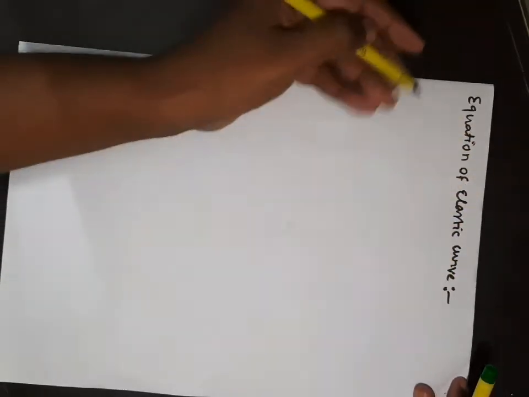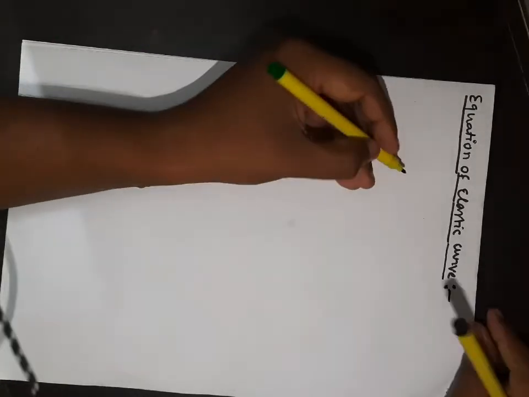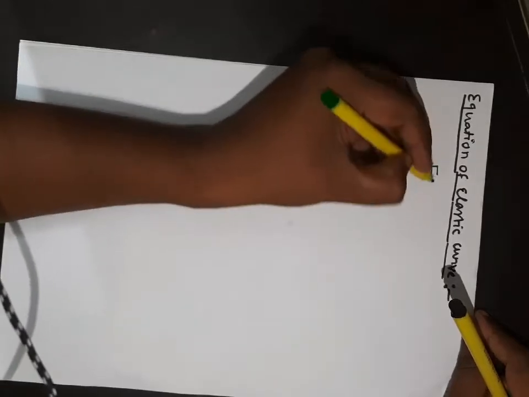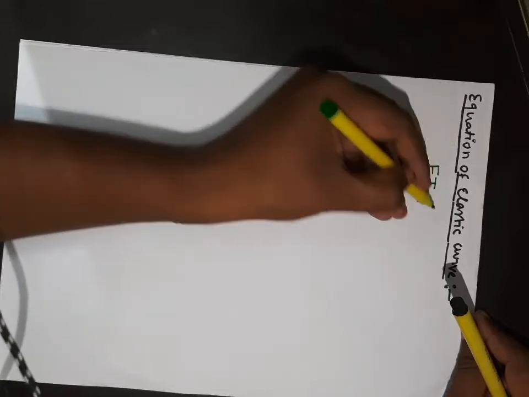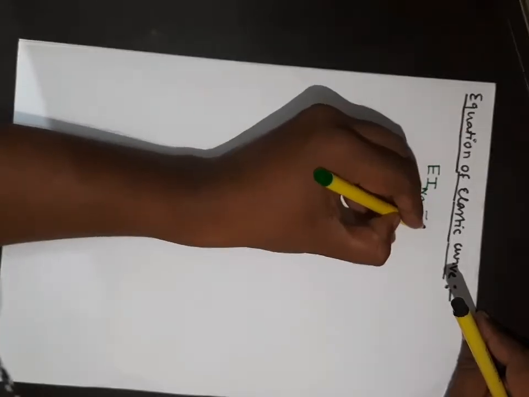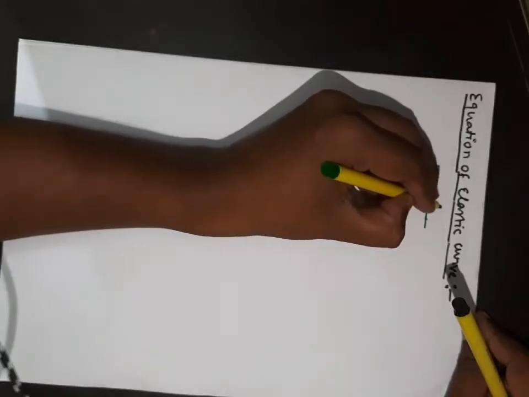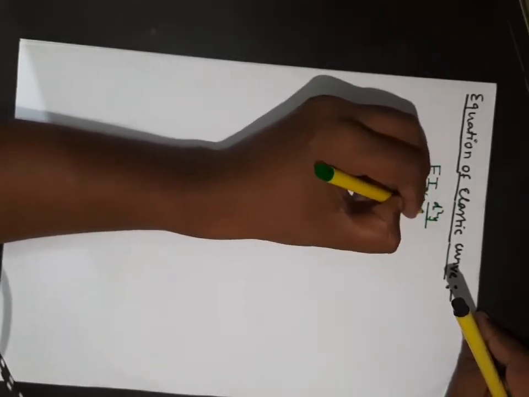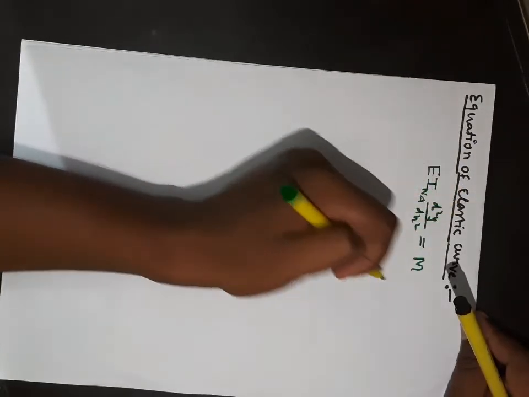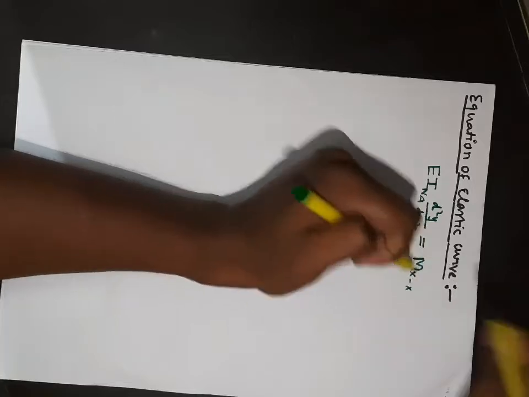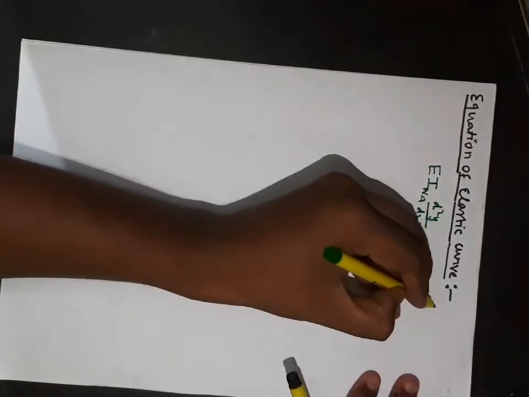In the equation of elastic curve, there is an equation we all know: EI_NA d squared y over dx squared equals bending moment at a particular section. What does NA stand for here? NA means moment of inertia about the neutral axis.